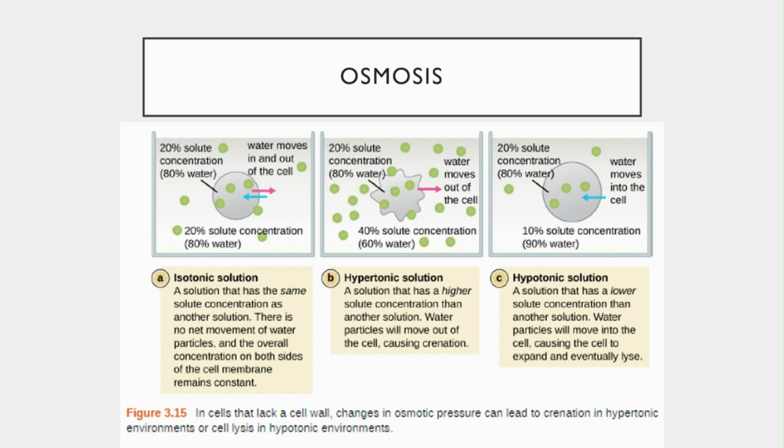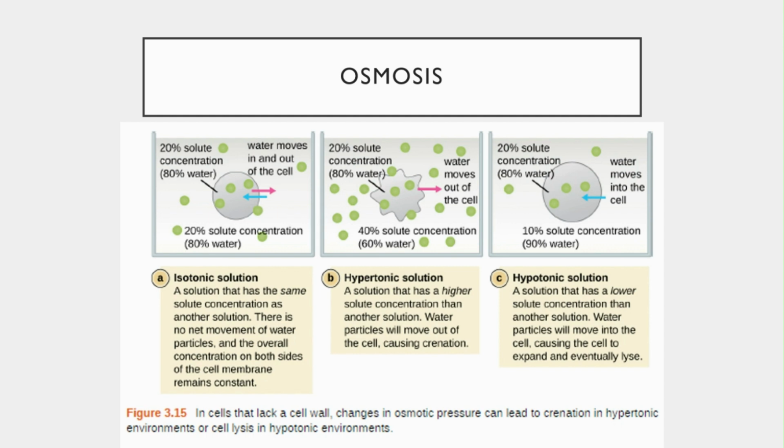Put salt in a cup of water, the water will act as a solvent and dissolve the salts, which become a solute. In example A, the ratio of solute to water molecules is relatively the same on the inside versus the outside of the cell. We call this isotonic. Tonic is the fluid surrounding the cells, so it's the external environment.